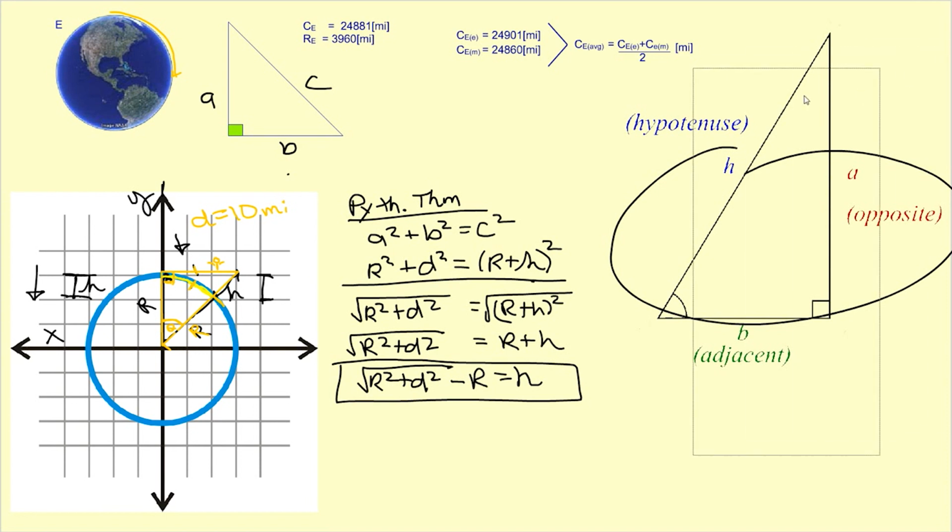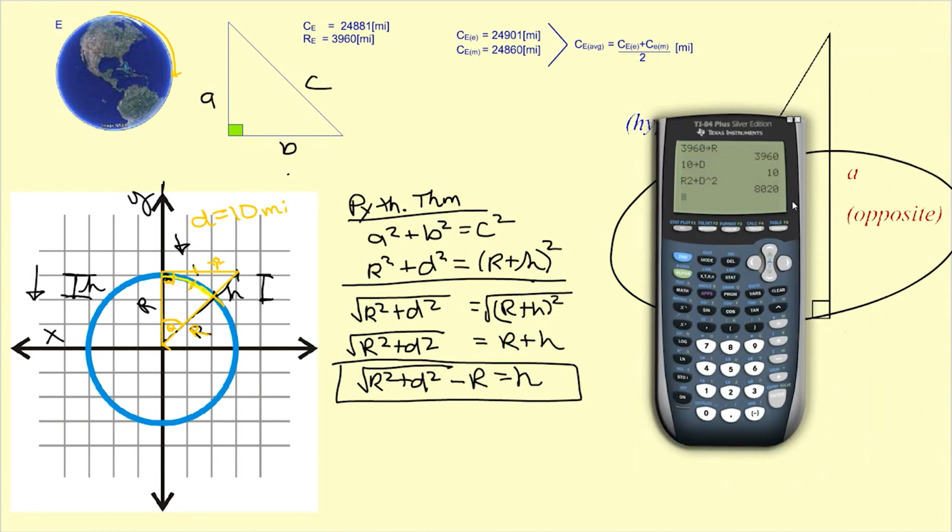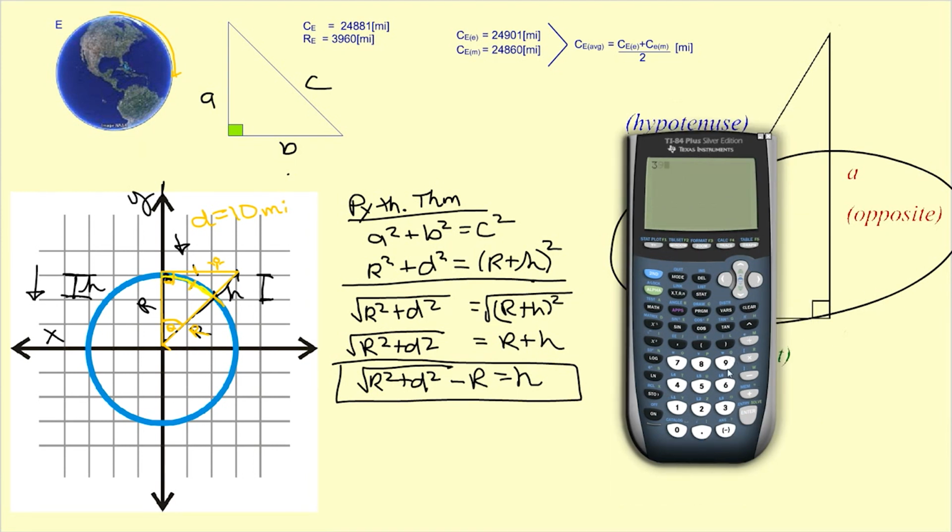So, how far was that? I preset the calculator, 3960. I stored that into a variable, r, just like we did here.